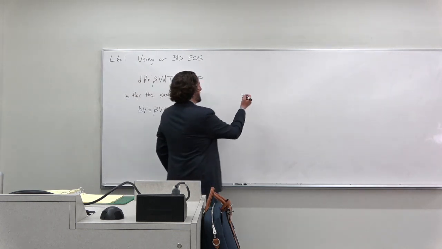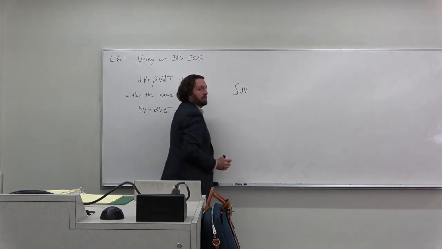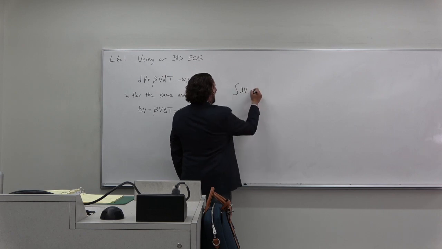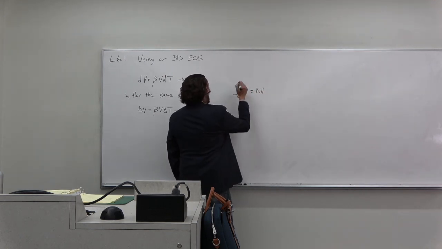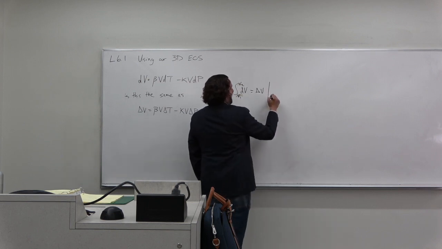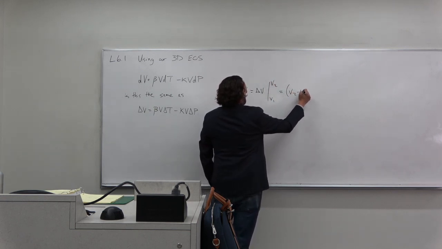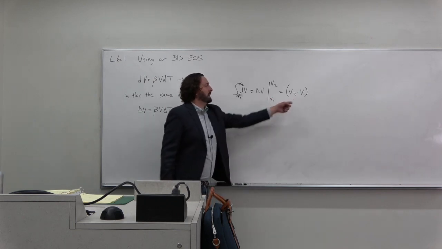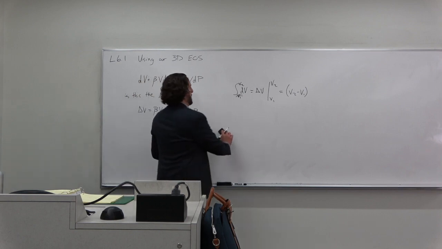If I had the integral of dV and nothing else to depend on, then that integral evaluated from V1 to V2 would be V2 minus V1. That's what delta V means: this difference, but it means I've already taken the integral.